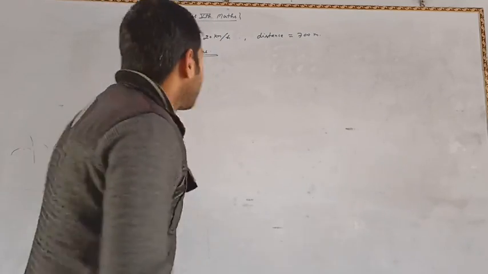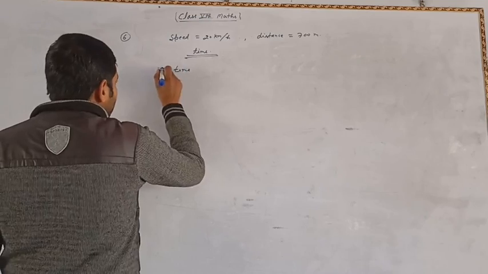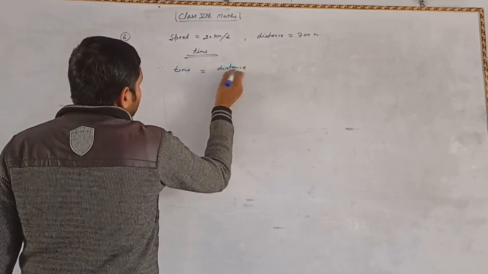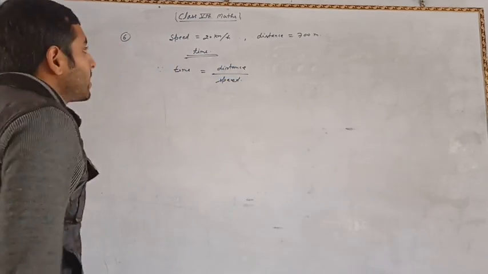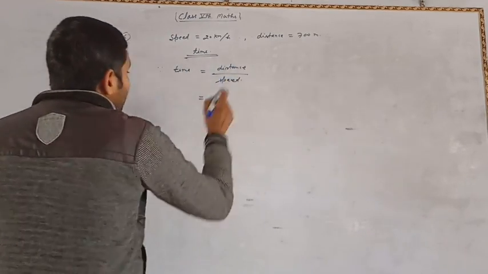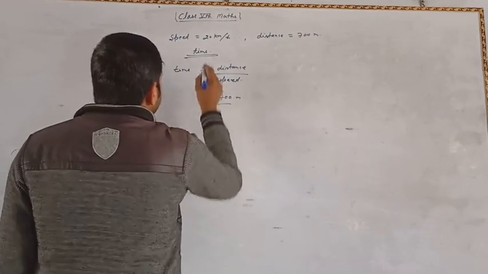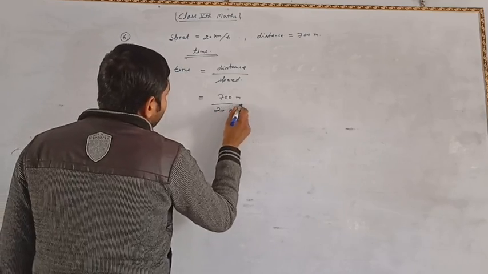So we know that time is equal to distance upon speed. Here distance is given as 700 meter. Speed is also given as 20 km per hour.